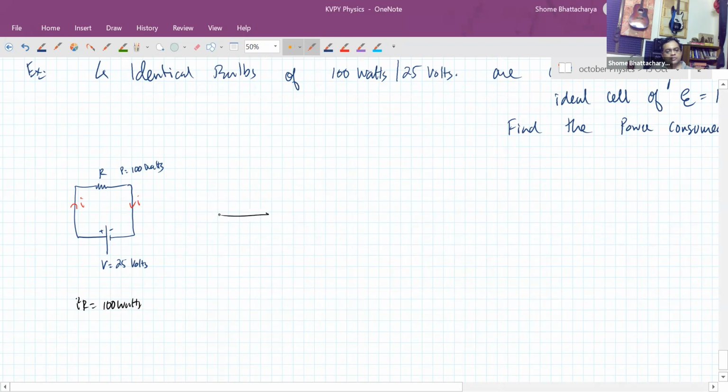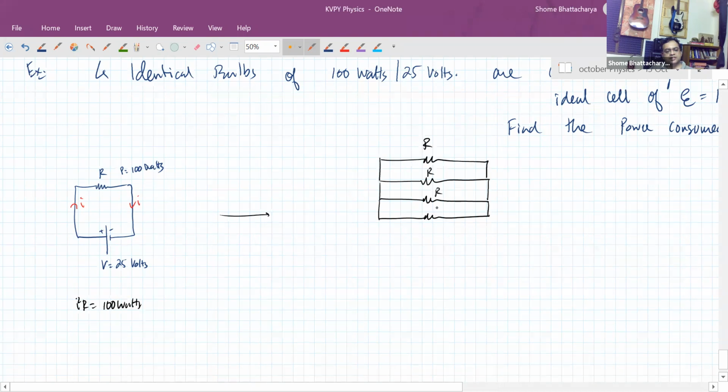Now from this, I'm taking 4 of these bulbs, connecting them in parallel. Each of them has the same resistance as in that circuit. And then I'm connecting this combination across a battery that has a different voltage.